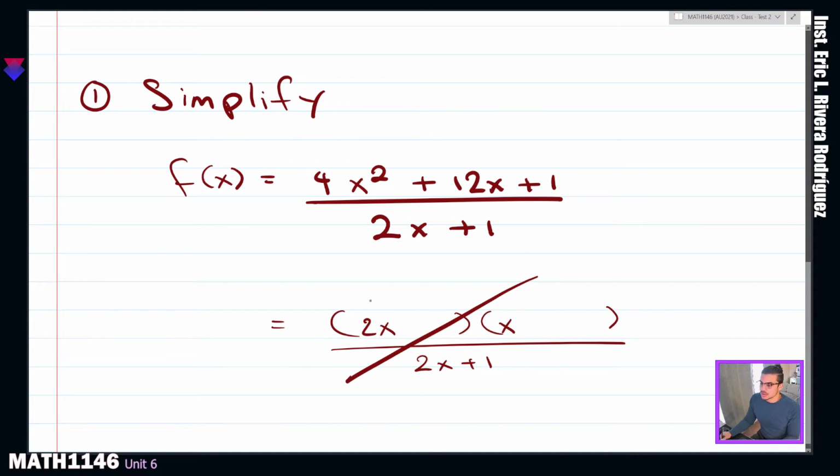So there's no way we can simplify this function. What can we get from this first step? Well, we can get that there's not going to be any holes on the graph. From the first step, if we are unable to simplify the function, it means that there is no hole in the graph.